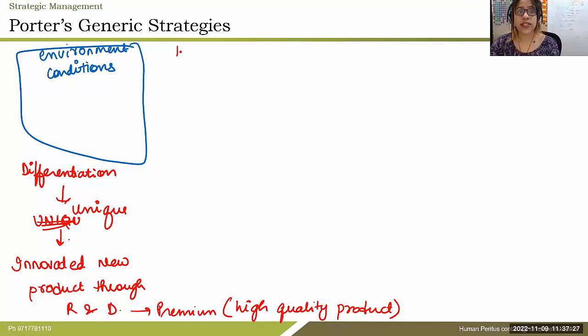Now, what are the conditions? What is the environment in the industry in which we can go for a differentiation strategy? Let's look at that.